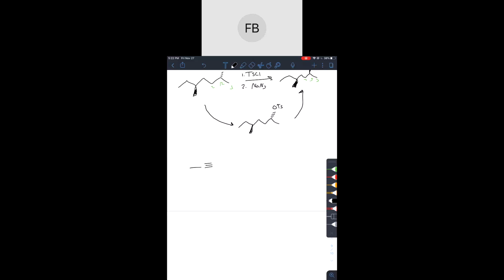So we start out with this, and also a phenol that is already in the form of OTs. This is important because you need to recognize that this is already the leaving group.